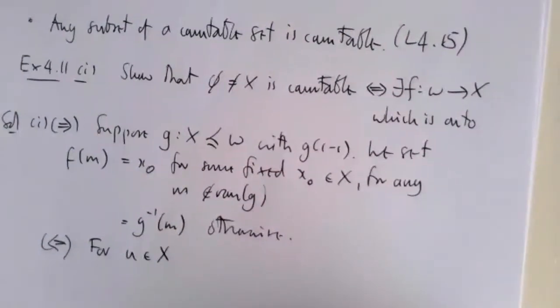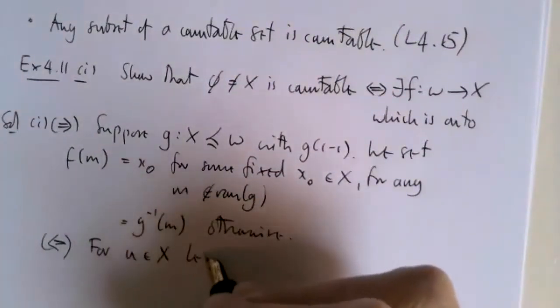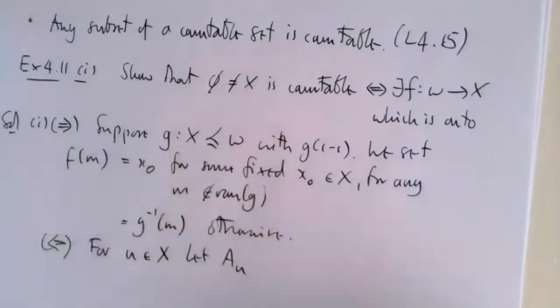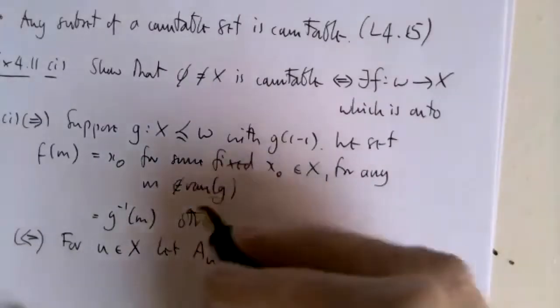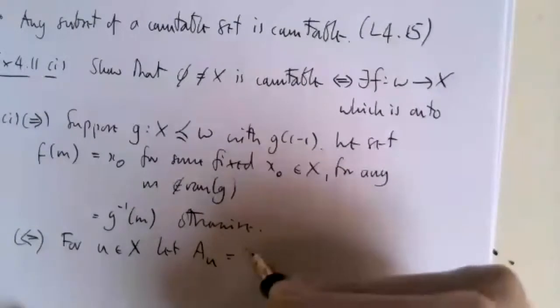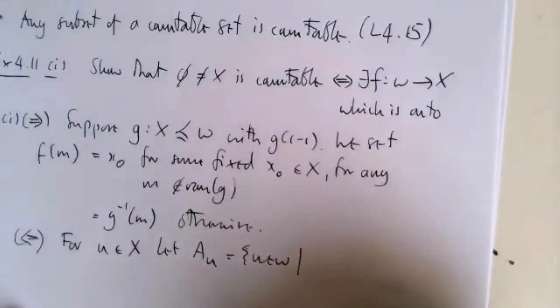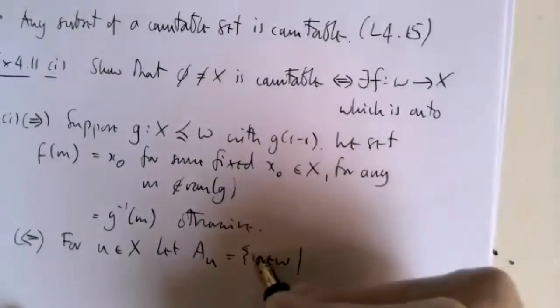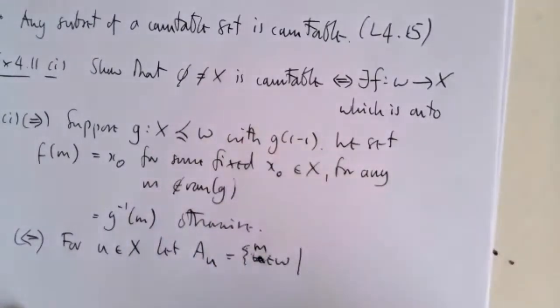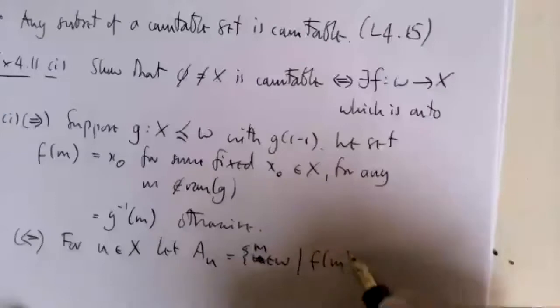So for any u in X, let A of u be those m's in omega such that f of m is u.